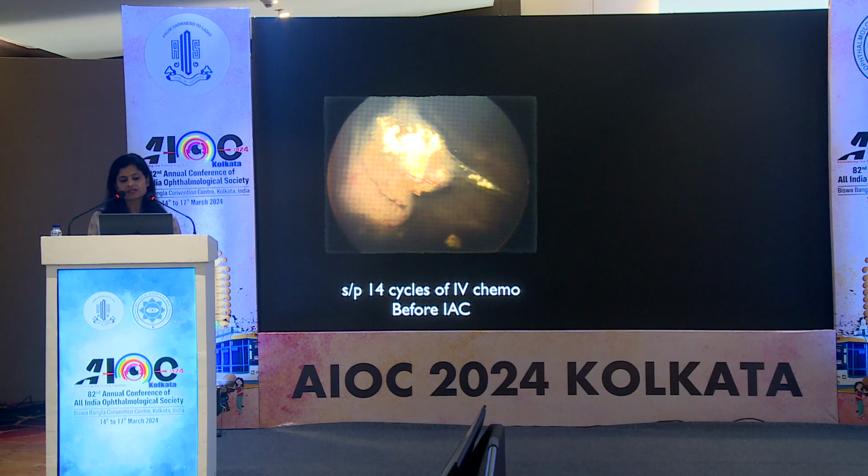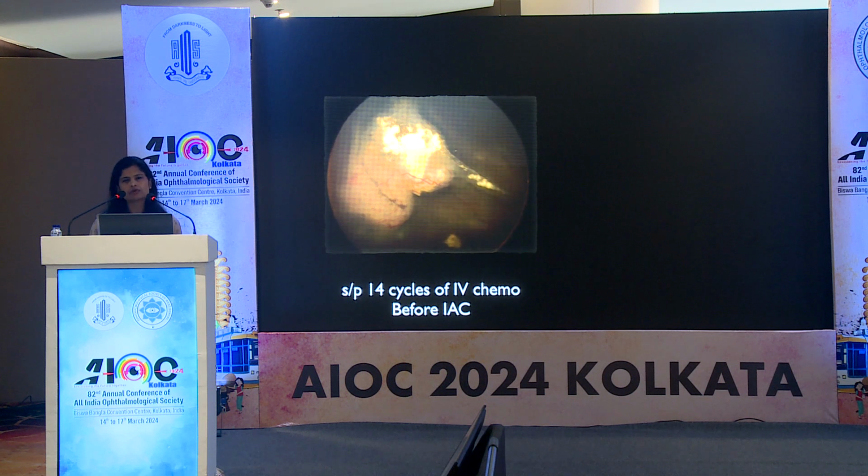Now here is in fact the first case that we had treated with intra-arterial chemotherapy. This child had already received 14 cycles of intravenous chemotherapy and still had recurrence. When a child has received so many cycles of chemotherapy, would you want to treat this eye again with intravenous chemotherapy?